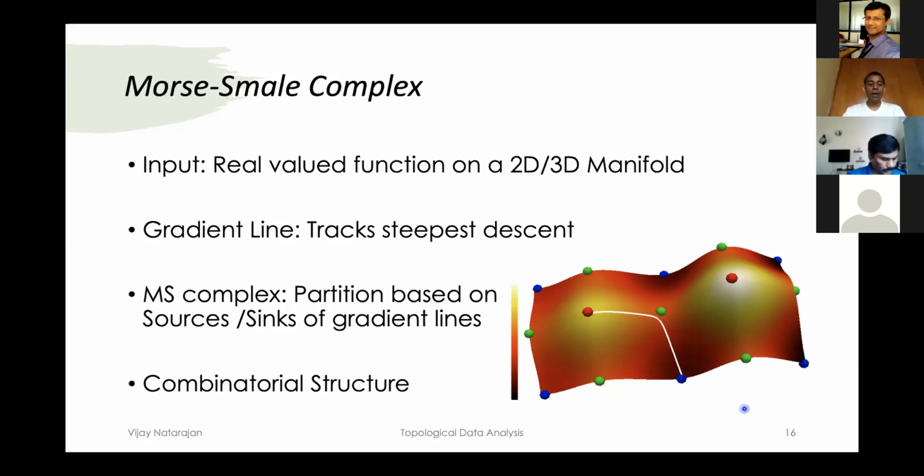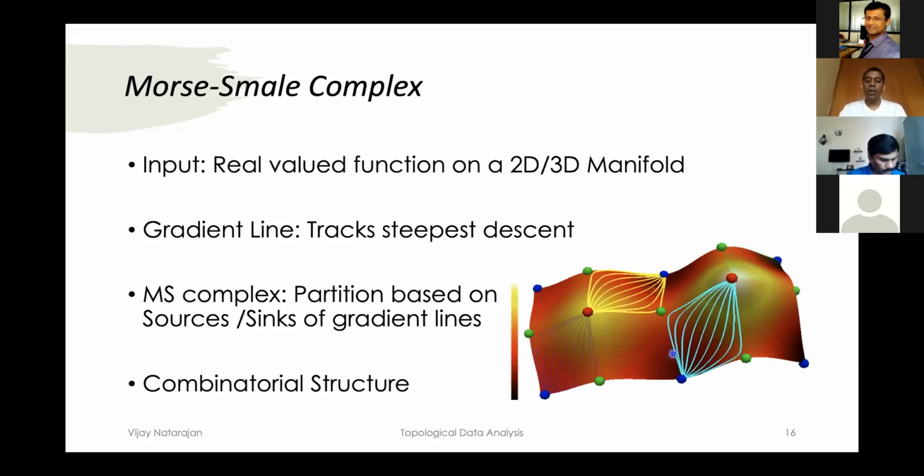The Morse-Smale complex, that is what we are concerned about, is a partition of this entire domain, right, into regions that have similar gradient lines, right? So that have gradient lines that share the same source and sink.